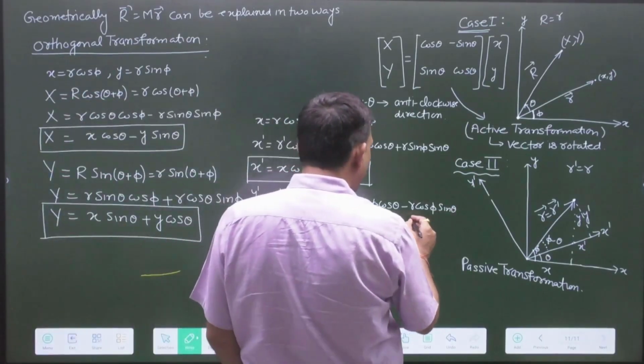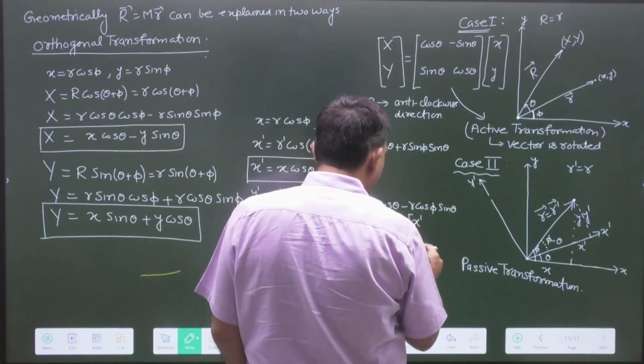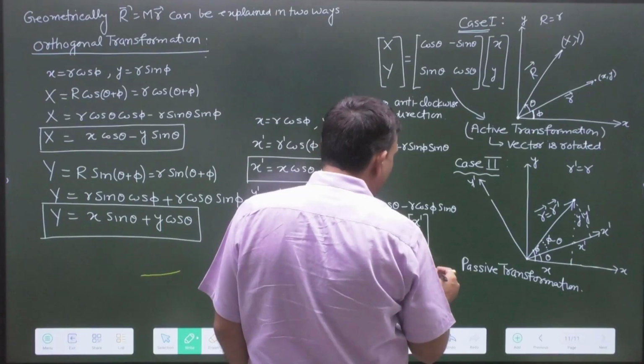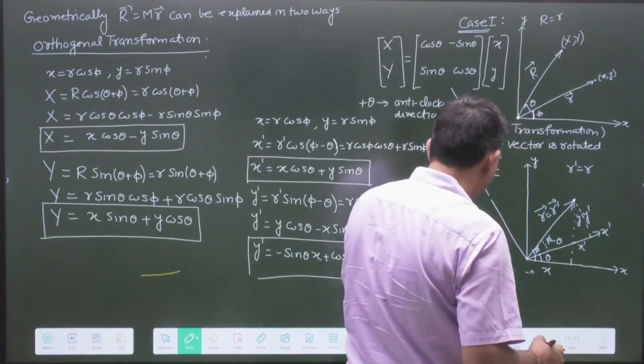So now we can remember this matrix for x dash y dash. This is the case of passive transformation.